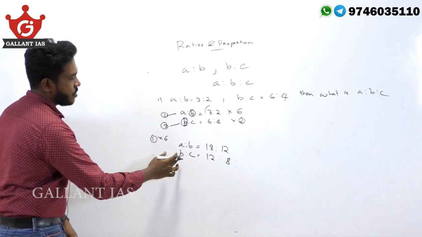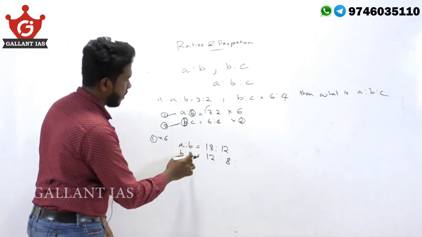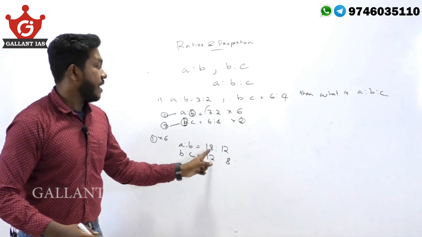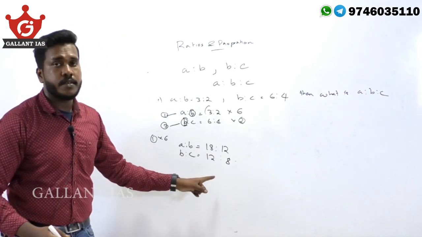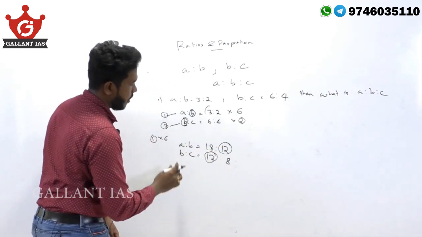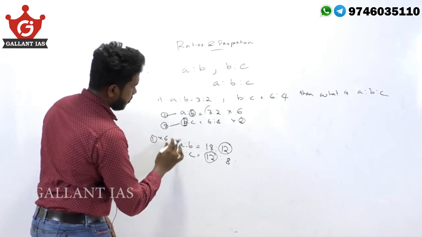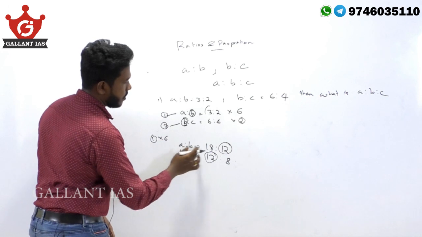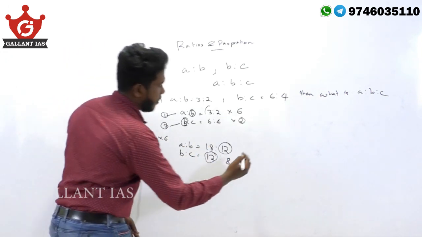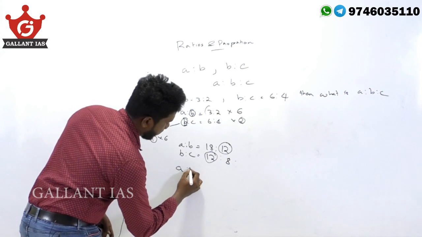So we got A is to B as 18 is to 12 as well as B is to C as 12 is to 8. Got it? So here we got the two B's same. From the first equation we got B as 12, and from the second equation also we got B as 12. So it's very simple. Now in order to find A is to B is to C.